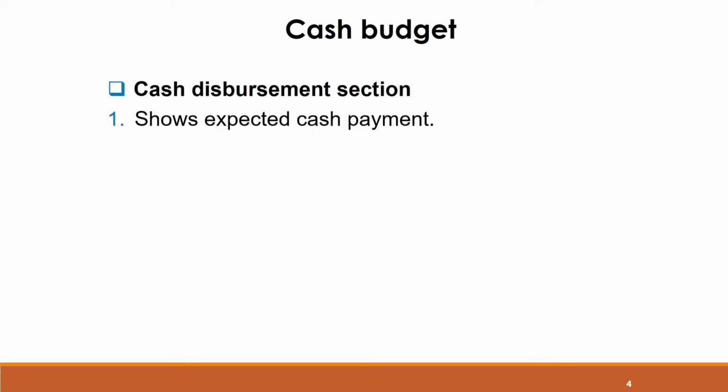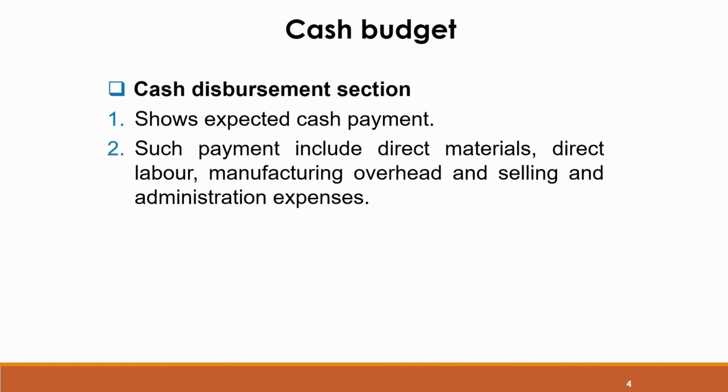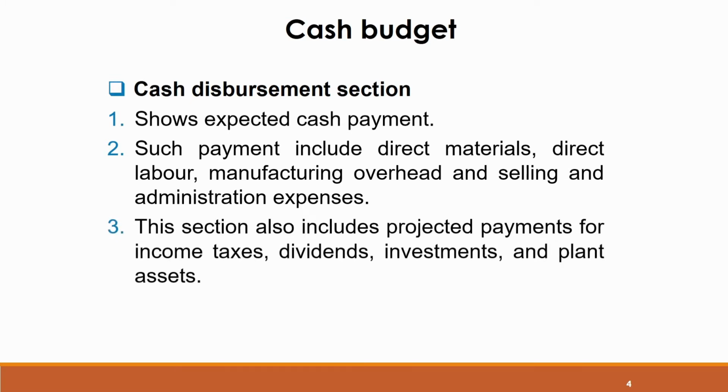Number 1, it shows expected cash payments. Number 2, such payments include direct material, direct labor, manufacturing overhead, and selling and administration expenses. Number 3, this section also includes projected payments for income tax, dividends, investments, and plant assets.